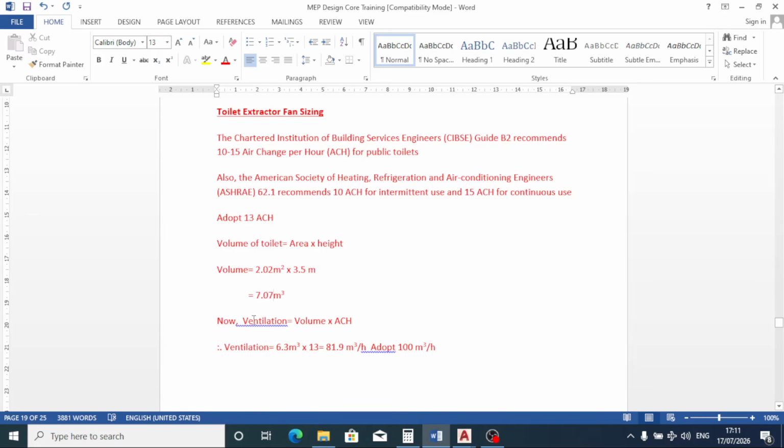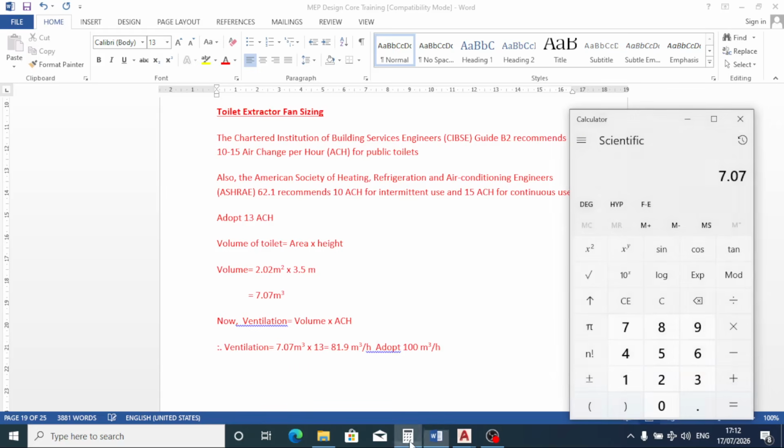Now ventilation rate is volume times air change, which we adopted 13, right? So 7.07 times 13 is 91.91.